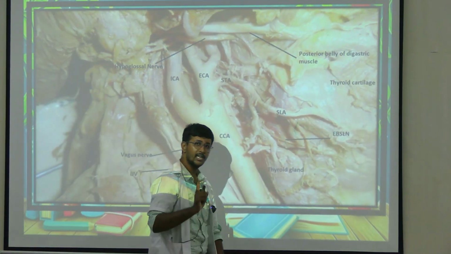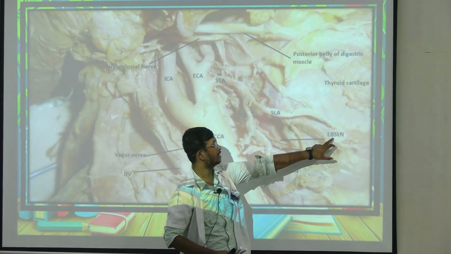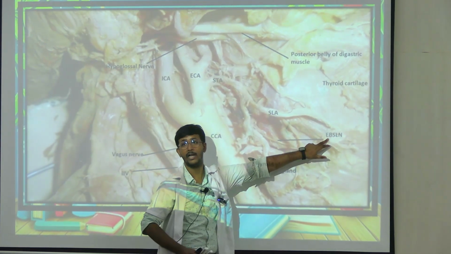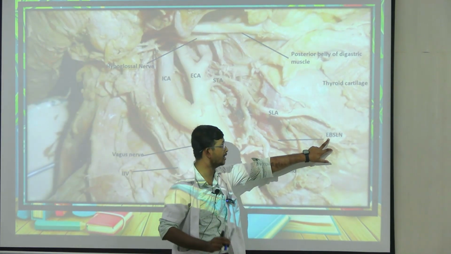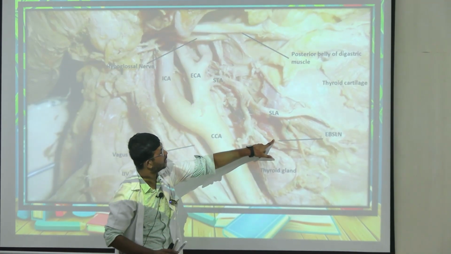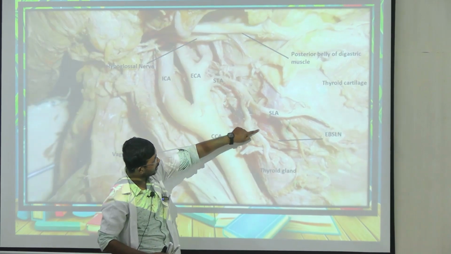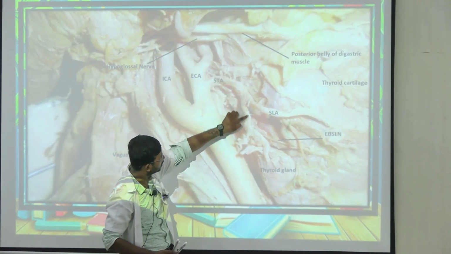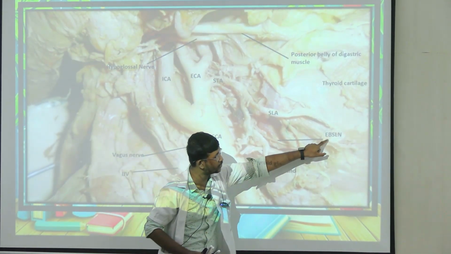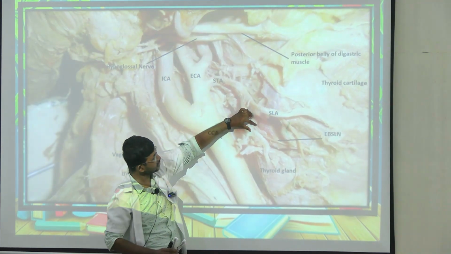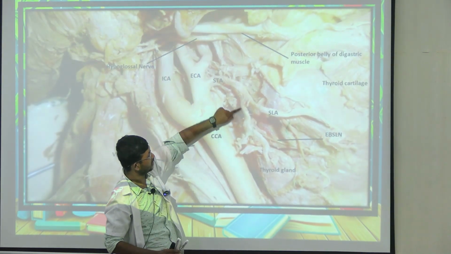If you see, there is another structure. See this nerve, the external branch of your superior laryngeal nerve. In the superior part of the course of the superior thyroid artery, this external branch of your superior laryngeal nerve is present in close proximity with the artery.